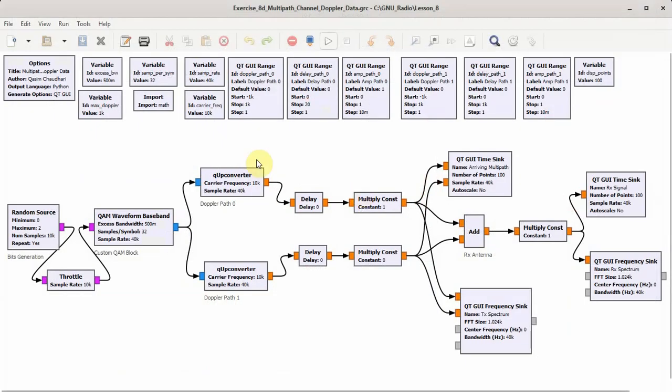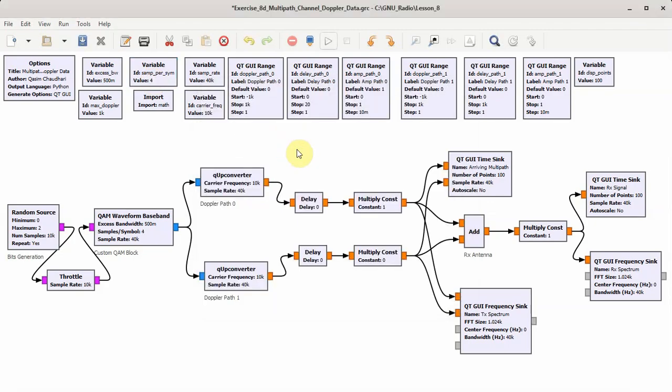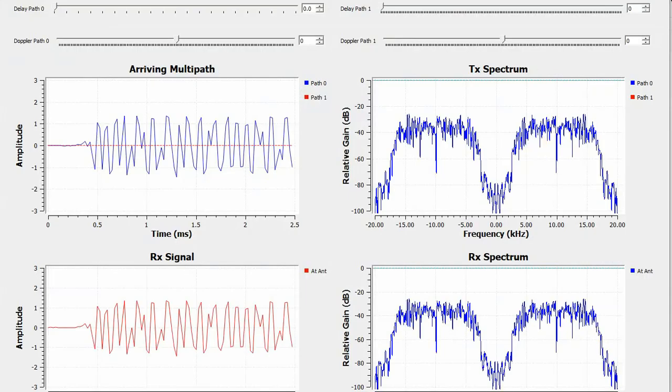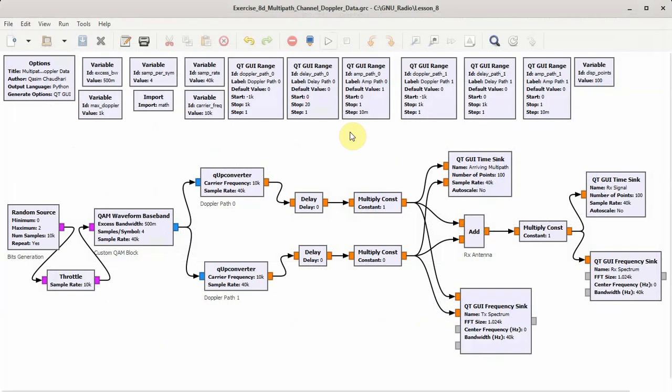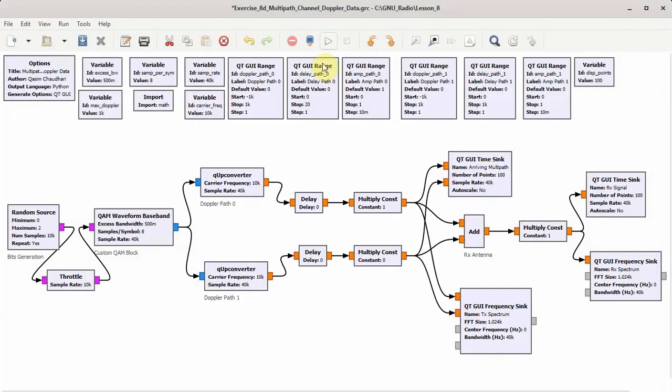One thing I want to change is the spectral width. So let me change the symbol rate so that we have a wider bandwidth. Simple, instead of 8 might be a better value.